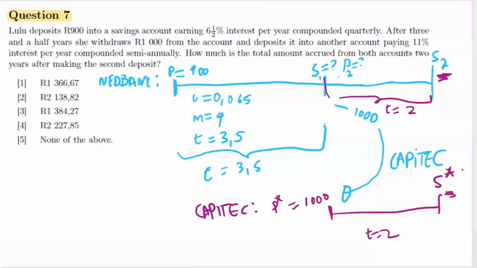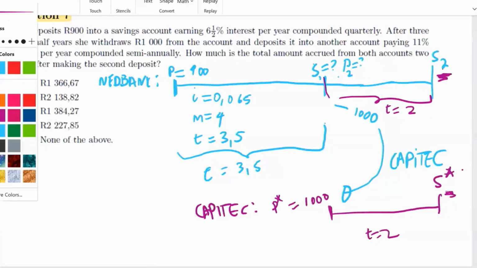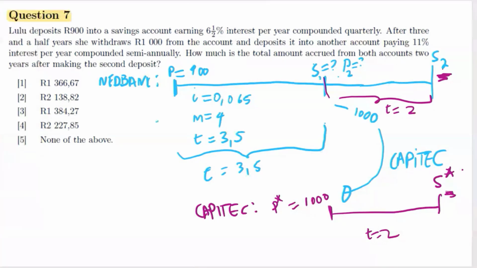Okay, so now we need to find out what happened in Netbank. Okay, let us go to Netbank. At Netbank, there are 2 things happening. Okay, there's an amount that has been withdrawn, and then that amount continues for 2 years. So now let us get into Netbank first for this 3.5 period. So in Netbank, we are going to have S1.